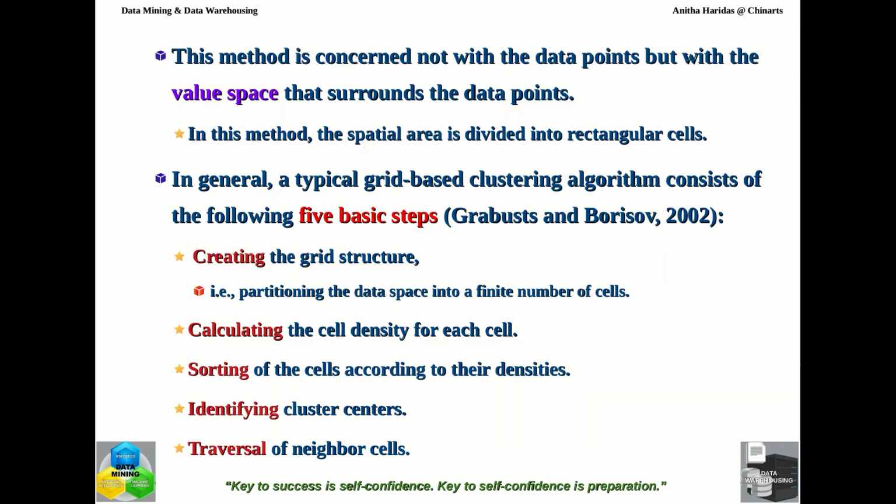This particular method is concerned not with the data points but with the value space that surrounds the data points, that is the spatial area, right? Where the data points are available in a particular space, this spatial area will be divided into rectangular cells.